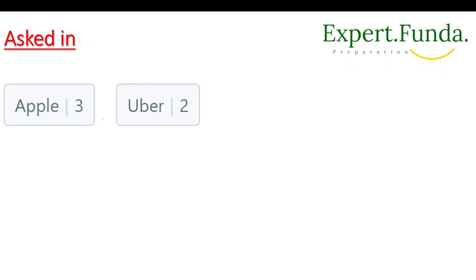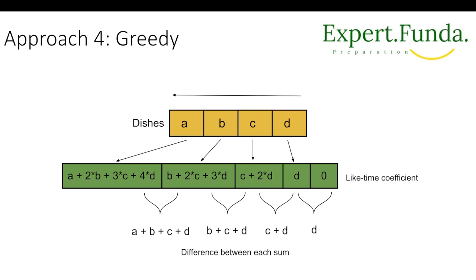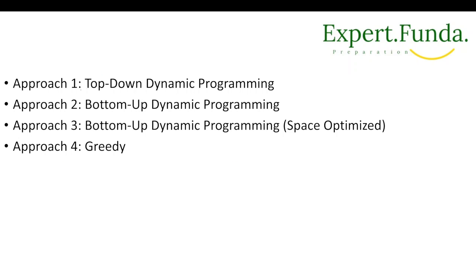This question has been asked multiple times in Apple and Uber. If we talk about the approaches, there are multiple approaches. These 3 approaches use DP, so the time complexity will be O of n square, and the space complexity will also be O of n square.